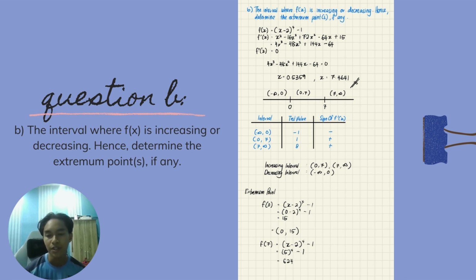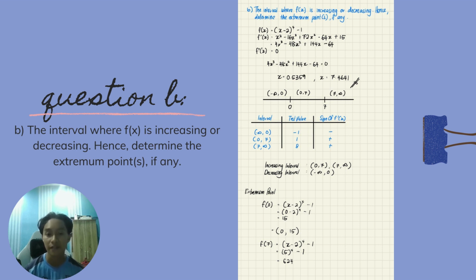So for question B, the interval where f(x) is increasing or decreasing, hence determine the extreme point if any. For this question, we just need to use the equation that has been given, which is f(x) equals (x minus 2) power of 4 minus 1, and then we need to find f prime x.